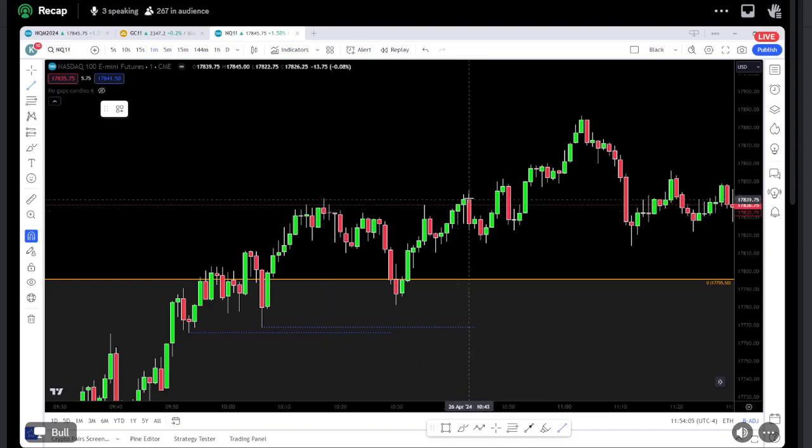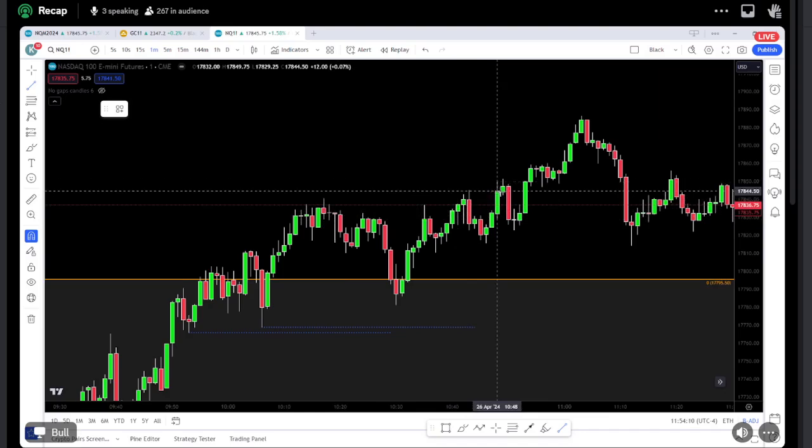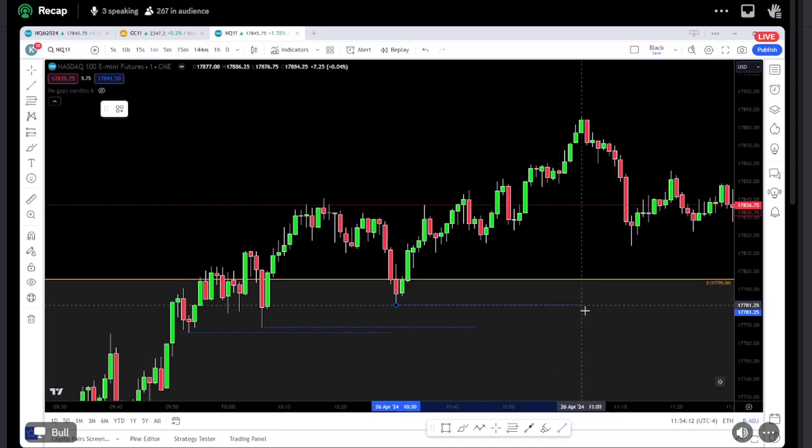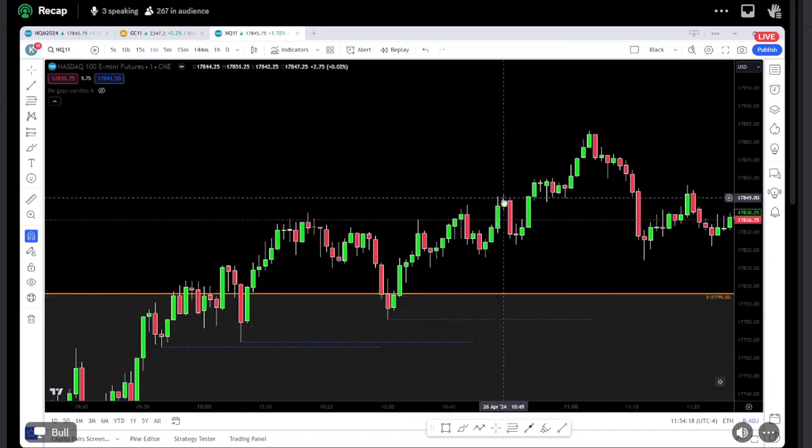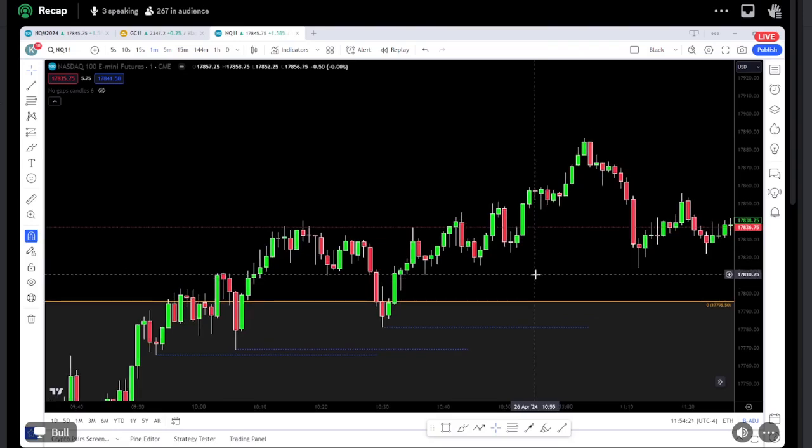We didn't get a body closure in here. We actually got it in here, which makes this low now protected. It became valid when this bar closed above it. It becomes protected when we close above it here, right?